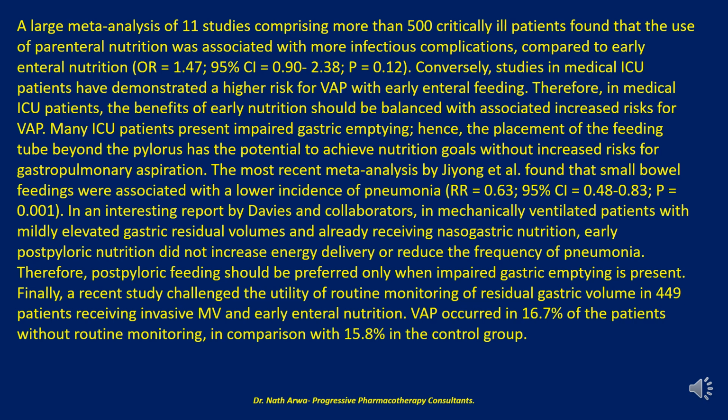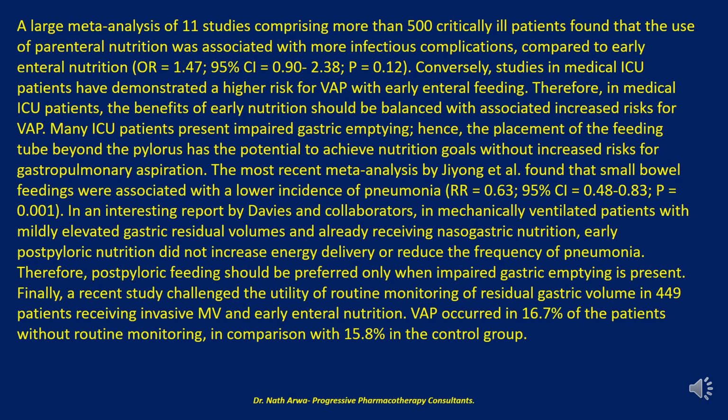Conversely, studies in medical ICU patients have demonstrated a higher risk for ventilator-associated pneumonia with early enteral feeding. Therefore, in medical ICU patients, the benefits of early nutrition should be balanced with associated increased risks for ventilator-associated pneumonia.